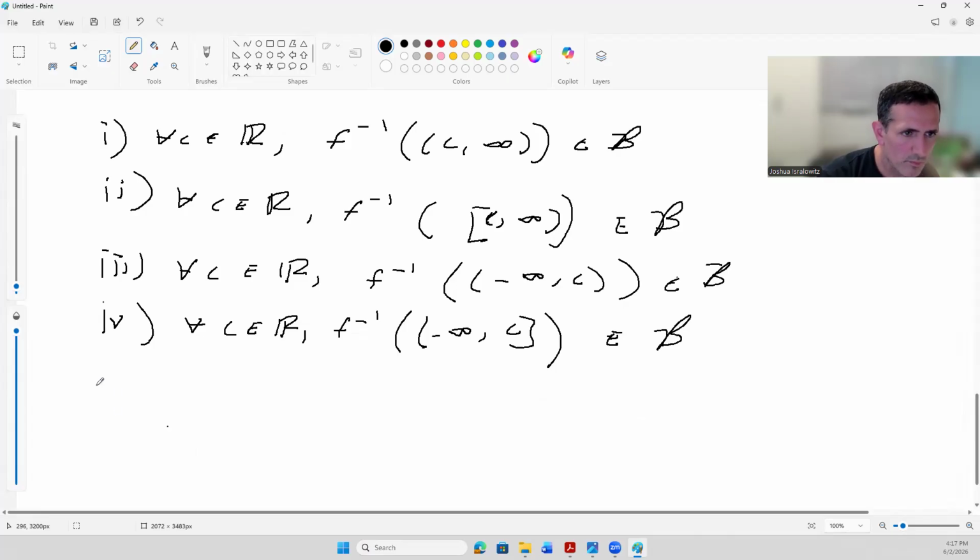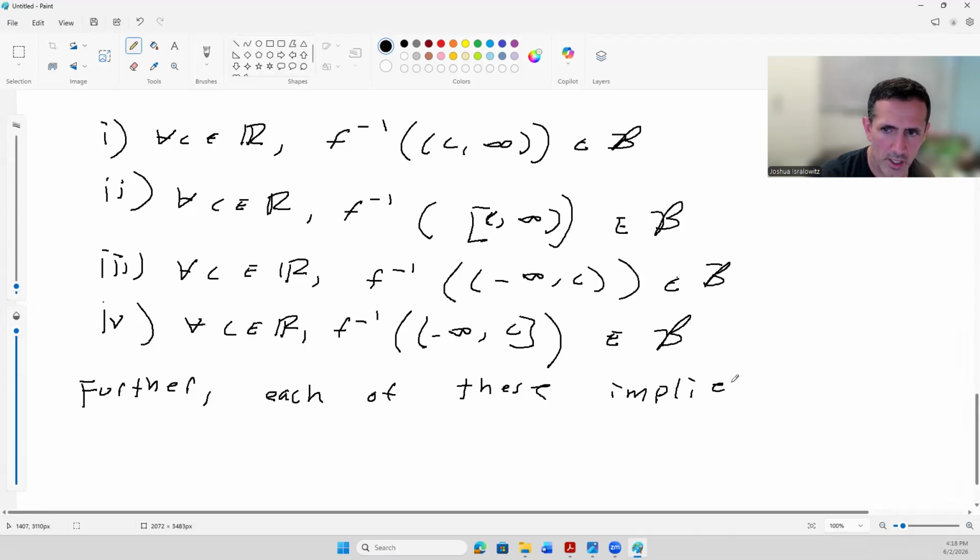Further, each of these implies the inverse image of every singleton {C} is Borel. Remember, this characterizes Borel measurability.